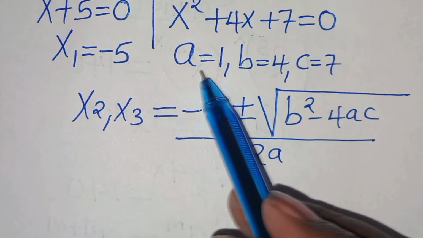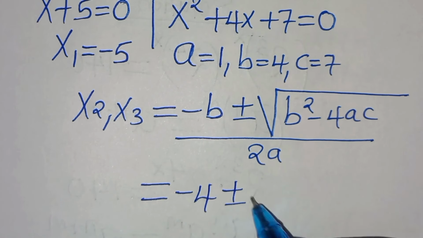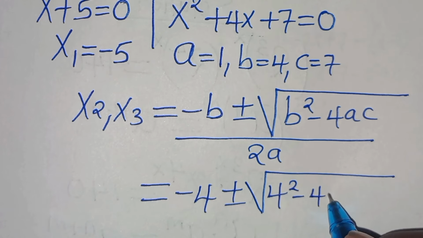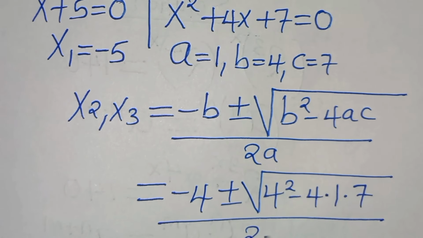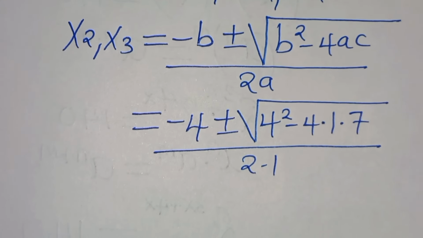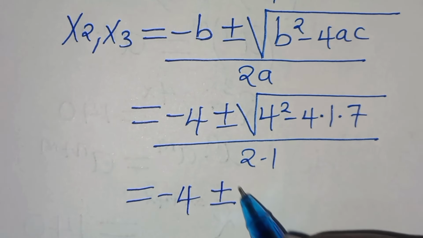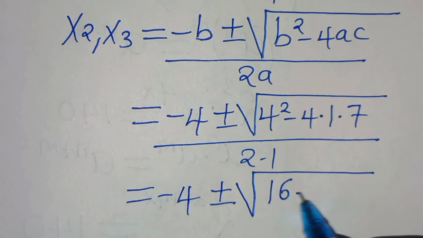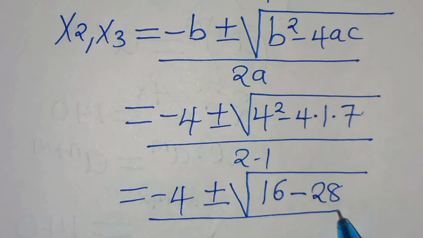Let's substitute a, b, and c so that we have minus 4 plus or minus the square root of 4 squared minus 4 times a, which is 1, times c, which is 7, divided by 2 times 1. So this is minus 4 plus or minus the square root of 4 squared, this is 16, subtract 4 times 7, this is 28, everything here divided by 2.